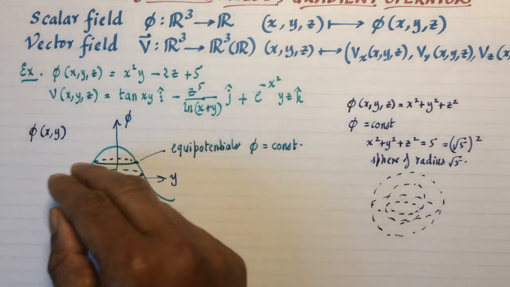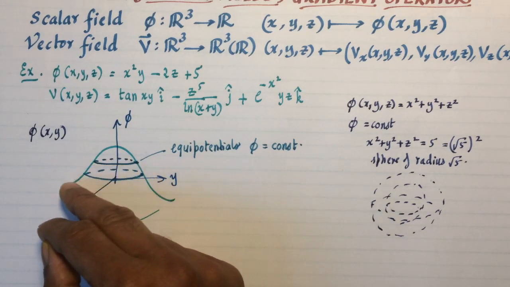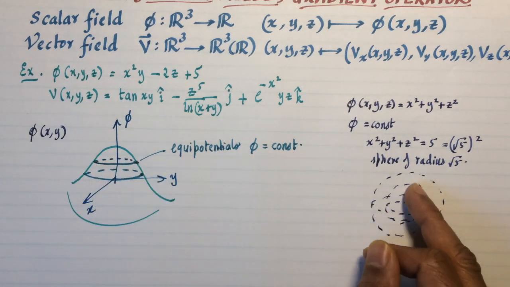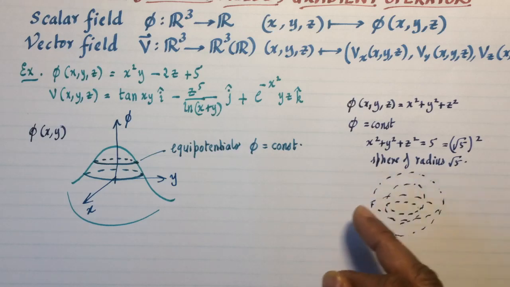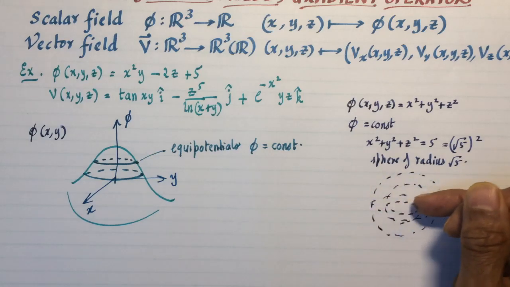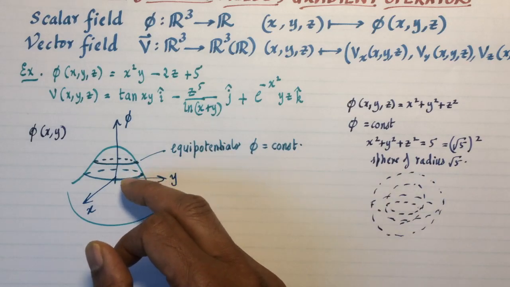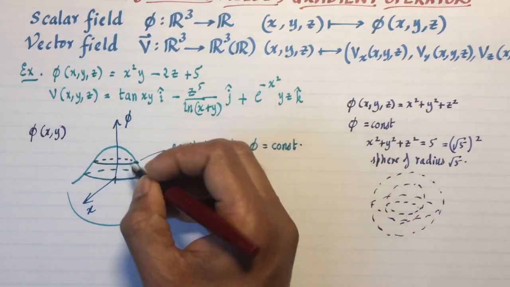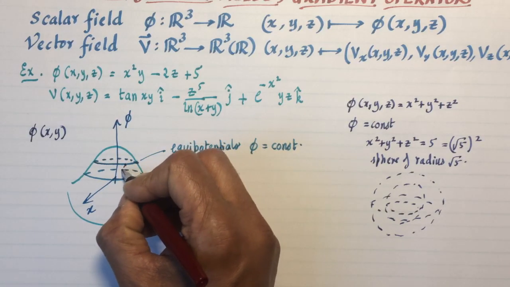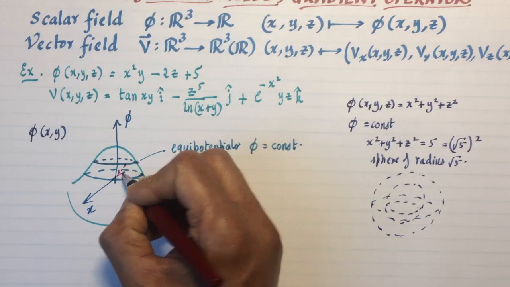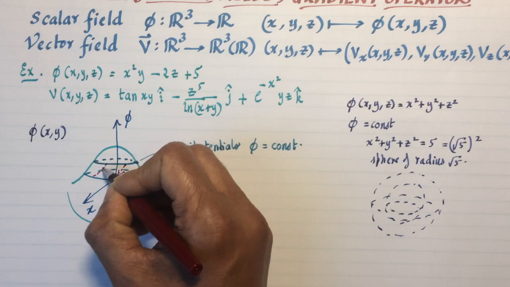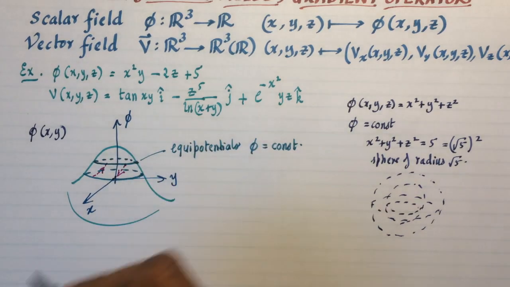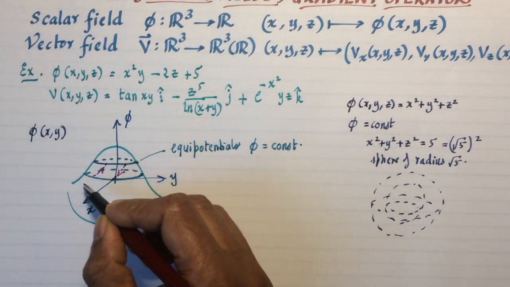Here, the equipotentials are simply curves. There, the equipotentials were entire surfaces, and the transition between them was invisible to us. Here, the equipotentials are curves, and the transition between them can occur along lines joining these 2 curves. So for example, you can go like this down, or you can go like that up. The gradient operator actually plays a big role in making these transitions.